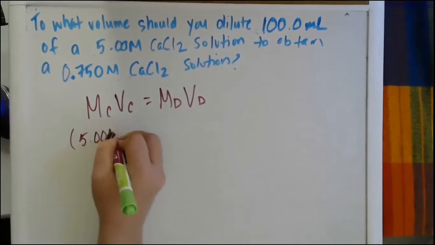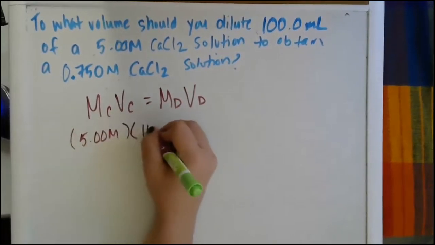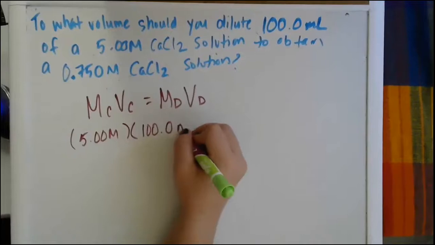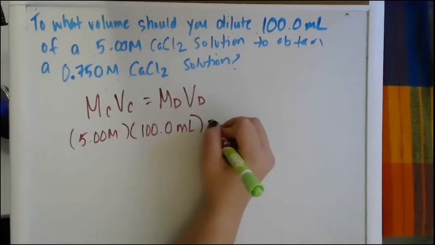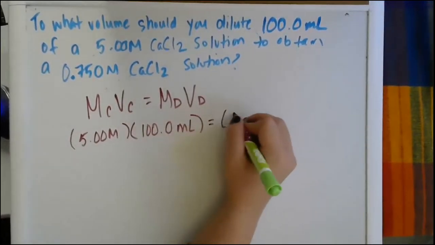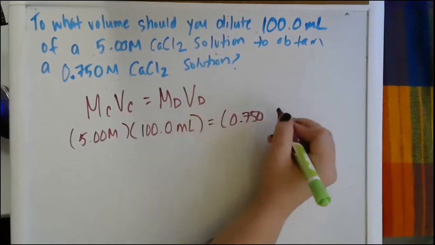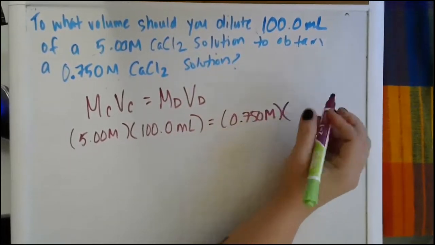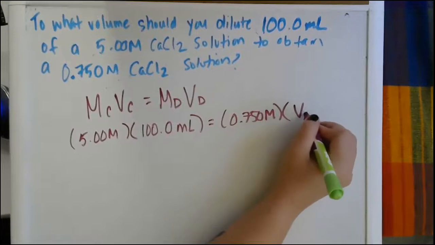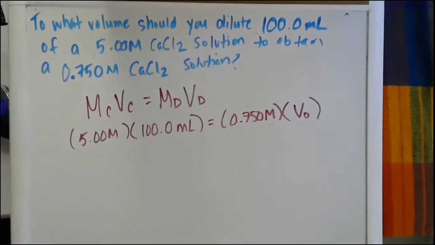So we have 5 molar times 100 milliliters equals 0.750 molar times our diluted volume.